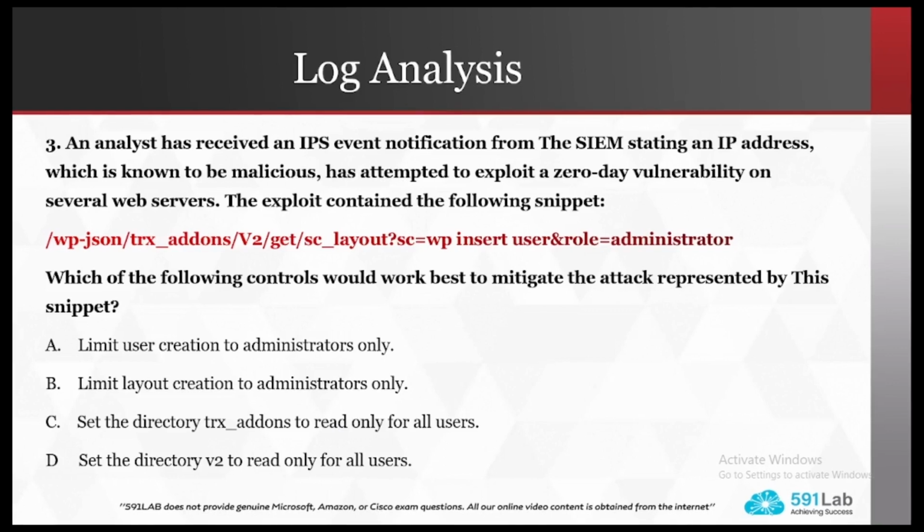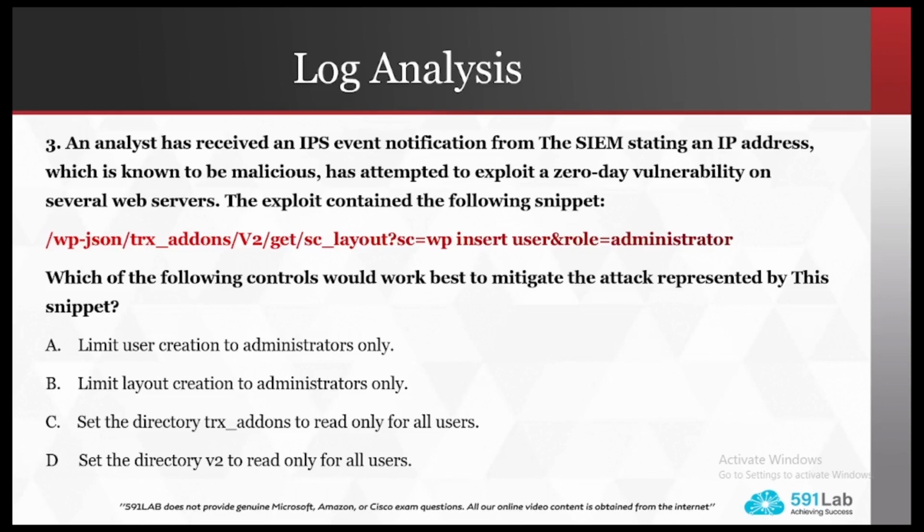Question number 3. An analyst has received an intrusion prevention system event notification from the Security Information and Event Management system, stating an IP address which is known to be malicious has attempted to exploit a zero-day vulnerability on several web servers.